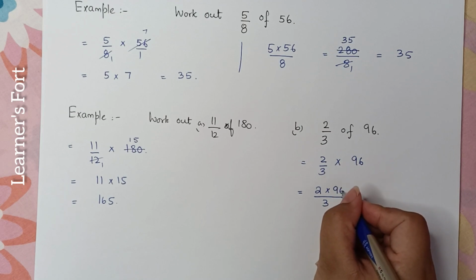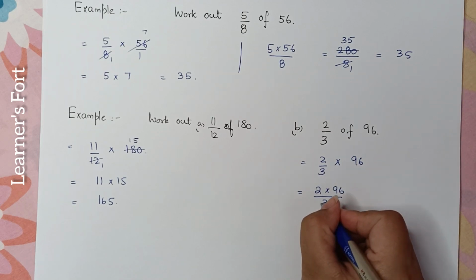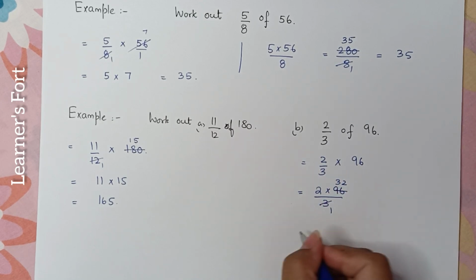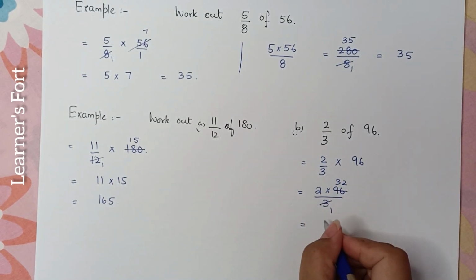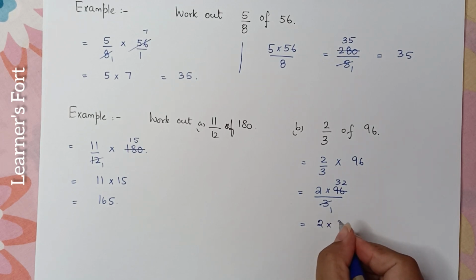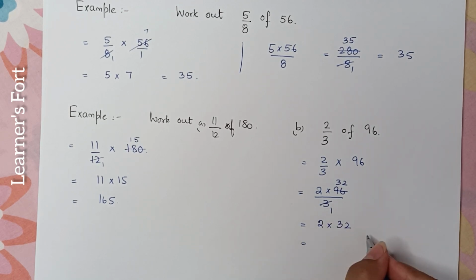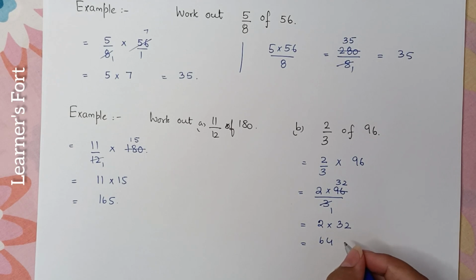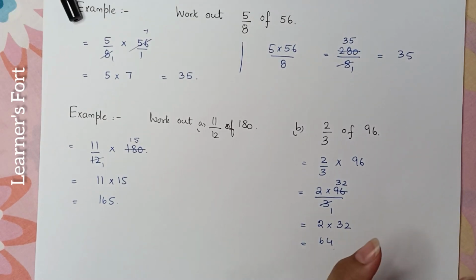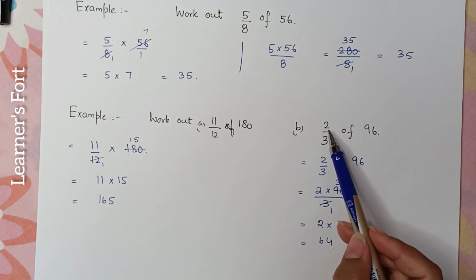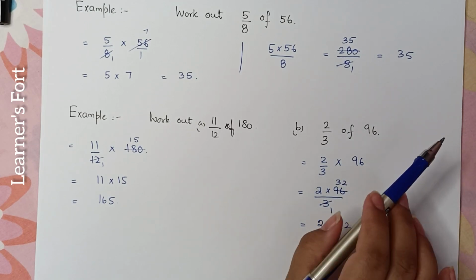Now here we can see that 96 is divisible by 3, which means that 3 ones are 3, 3 thirty-twos is 96. Now the remaining number is 2 into 32. Now 2 when multiplied by 32 gives out 64. Right? So this is how you're going to calculate any given fraction of a given quantity.